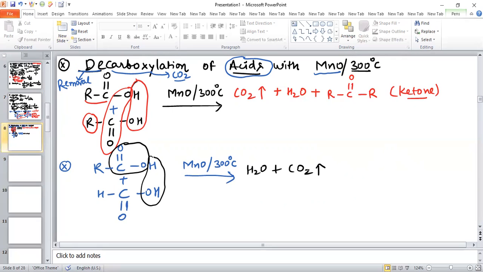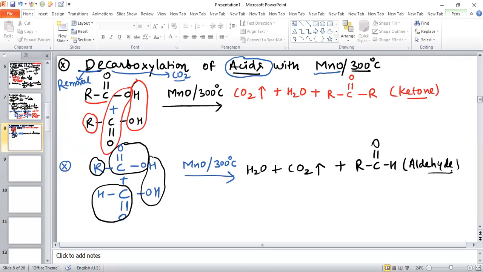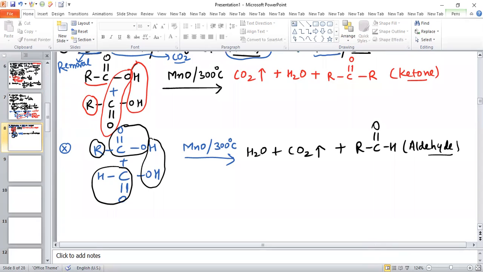Now this is basically the HC double bond O group, and this is basically the R group. So you can say the product obtained is RCHO. In this case, an aldehyde is obtained as the product. So you can easily identify the reactions and make the product.